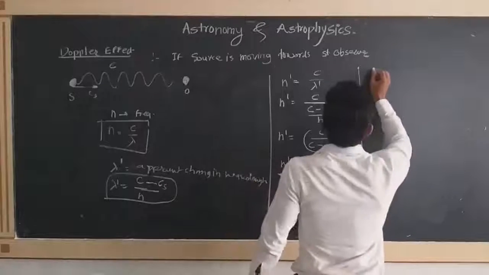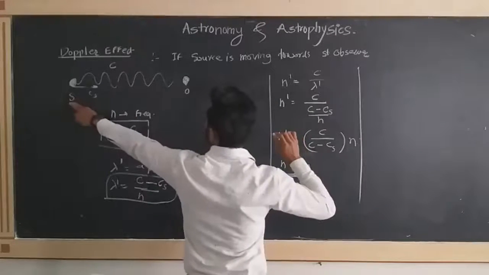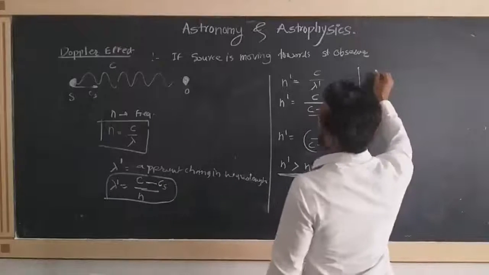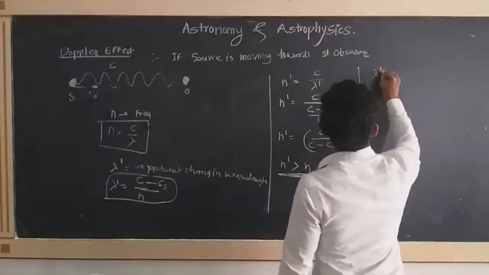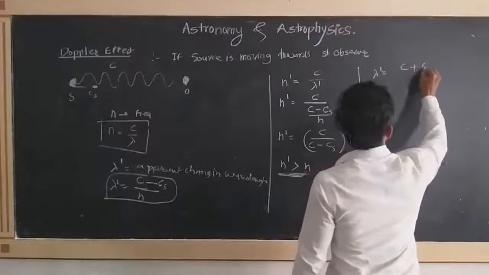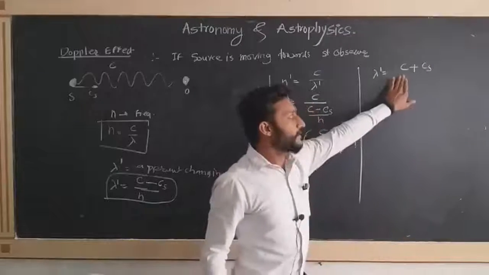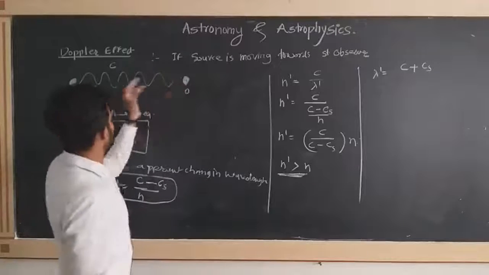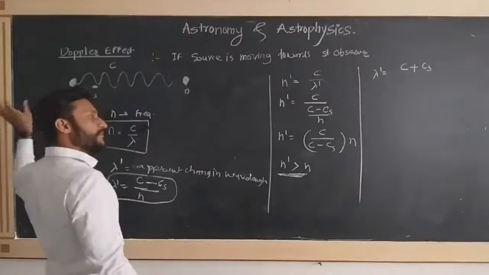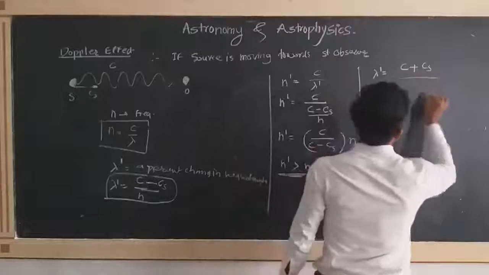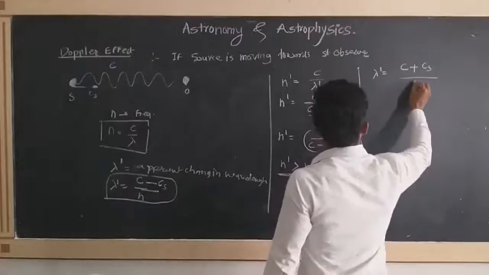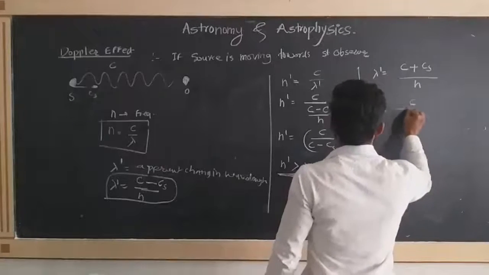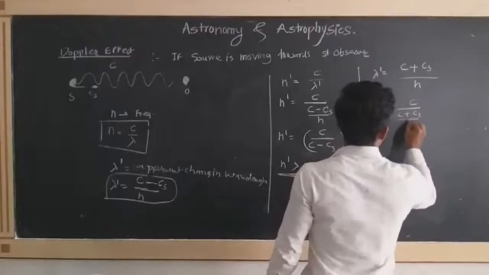So in the second case, when the source is moving away from the stationary observer, we can write lambda prime as c plus cs, because the direction of light is towards the observer, but the source is moving away from the observer, so the relative velocity is c plus cs upon n. So n prime is nothing but c upon c plus cs upon n.